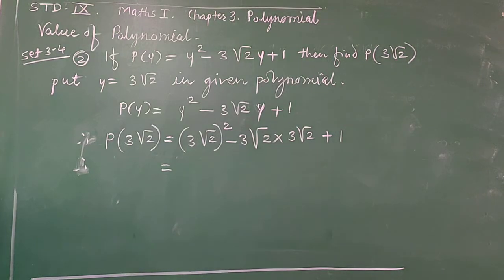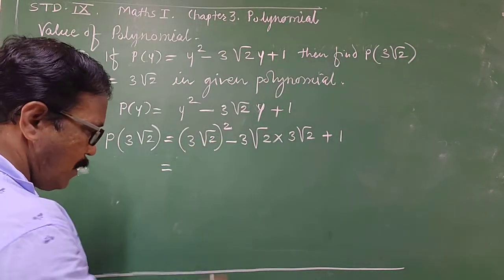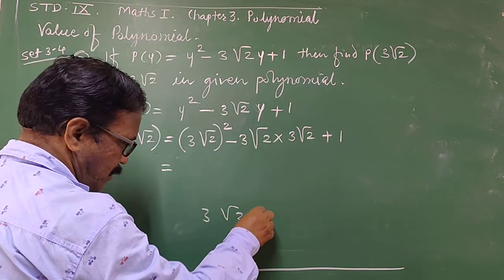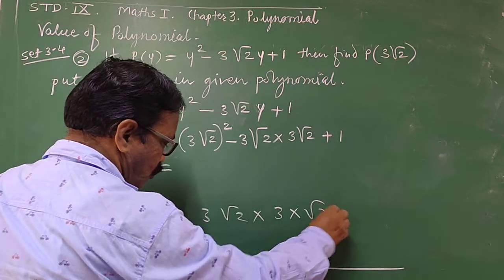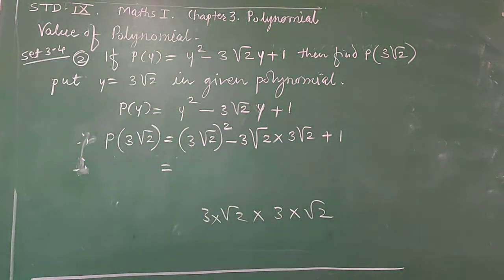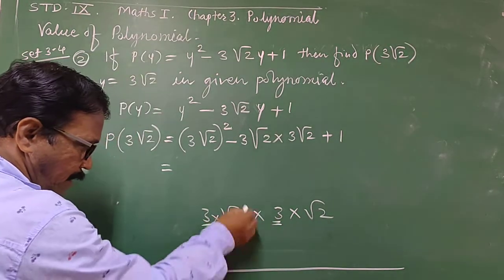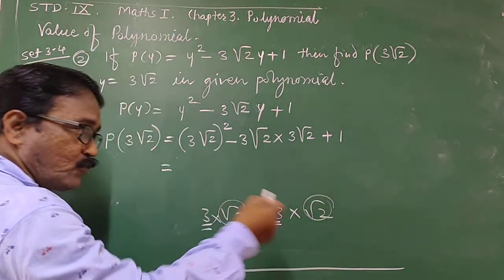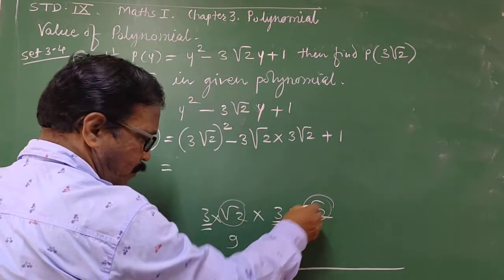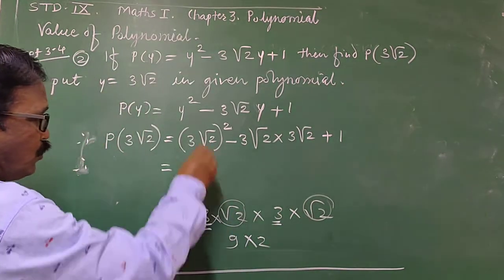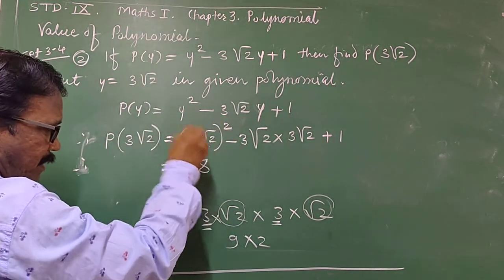So square of this, 3 root 2 multiplied by 3 root 2, like this. It is square. So 3 into 3, that is 9, and root 2 into root 2, that is root 4, and square root of 4, that is 2. So square of this is 18.